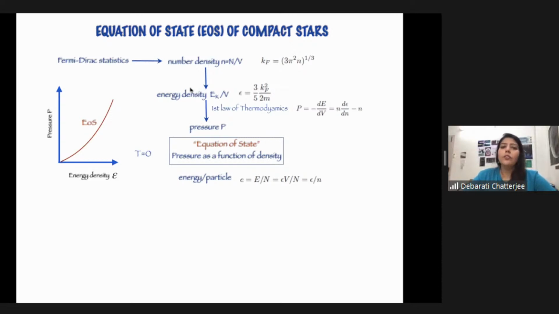Now, once you have the energy density, according to the first law of thermodynamics, there is a way of calculating the pressure. So it is related to the number density and the energy density. Now, if you have both energy density and pressure for a system which is at zero temperature, like compact stars, so neutron stars, which are cold.